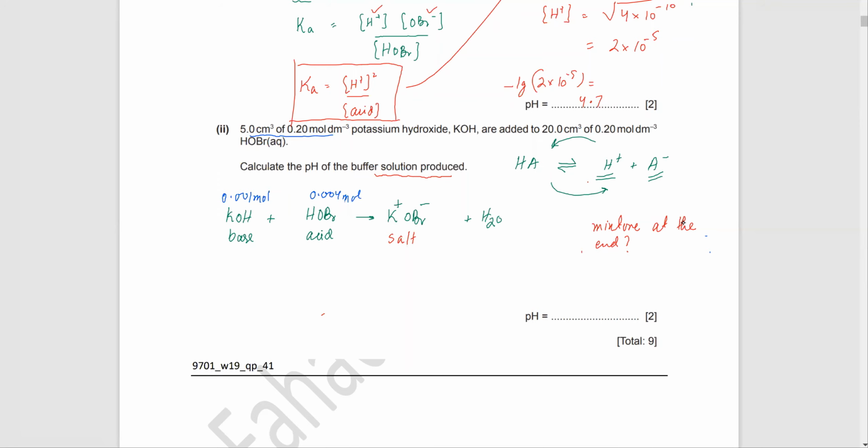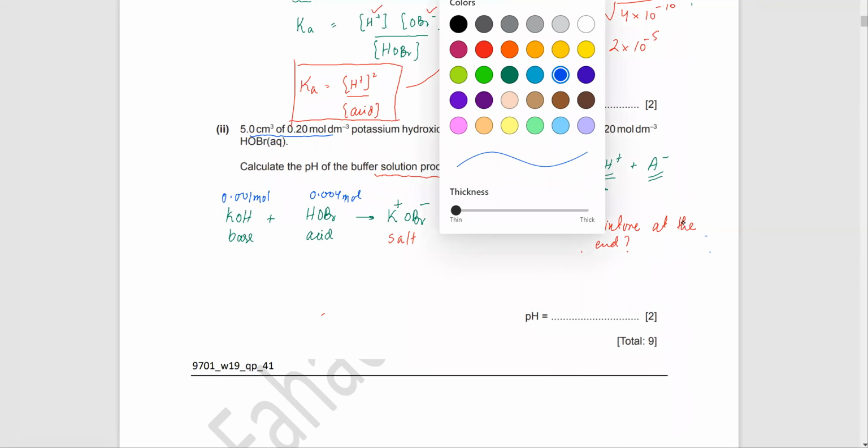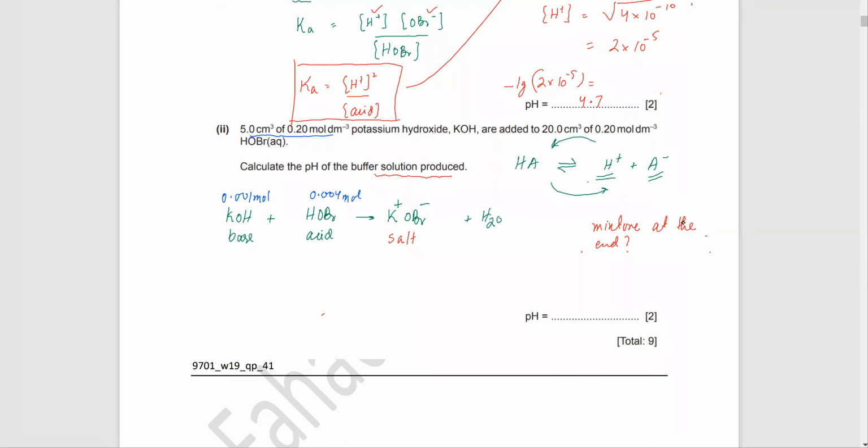So now the first thing is, one of them is in excess. Which one specifically is in excess? This is in excess. Because 0.001 moles is going to react with just 0.001 moles.